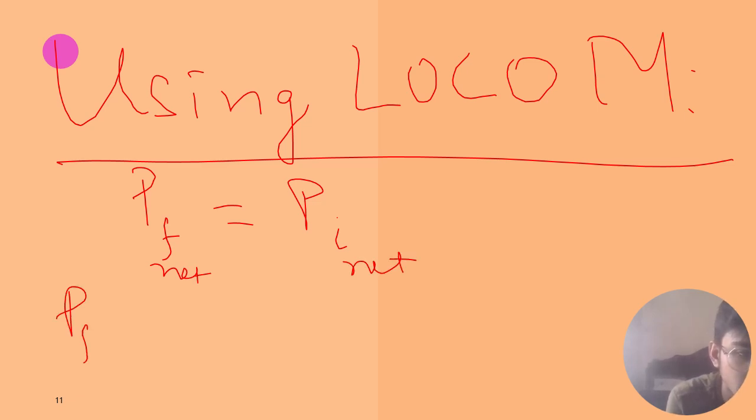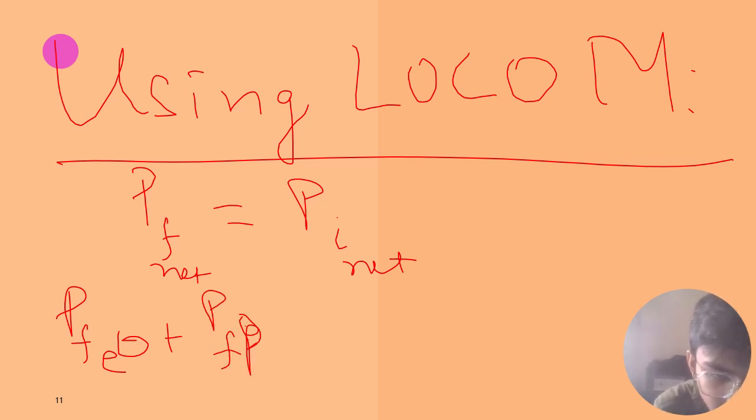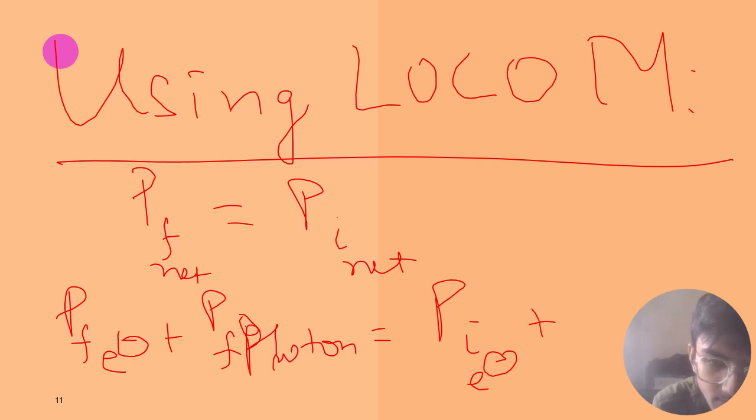So final momentum of the electron plus final momentum of the photon will be equal to initial momentum of the electron plus initial momentum of the photon. Initially the electron was at rest, so its momentum will be 0.